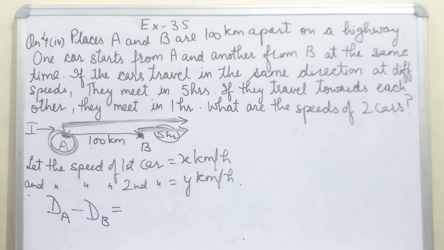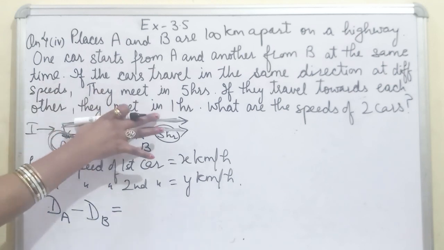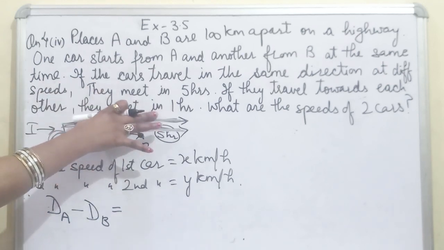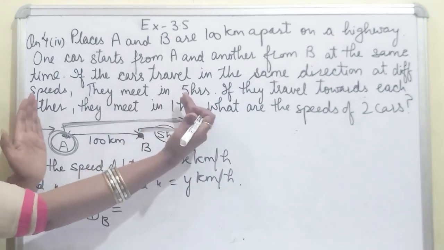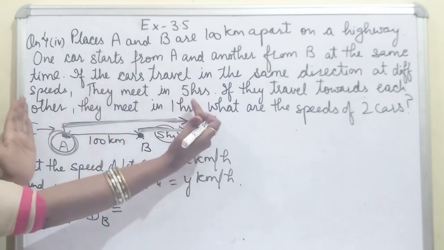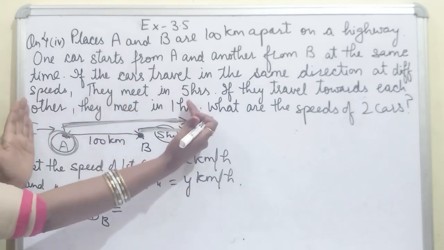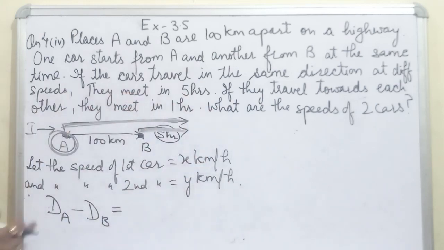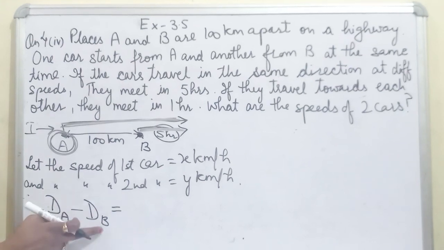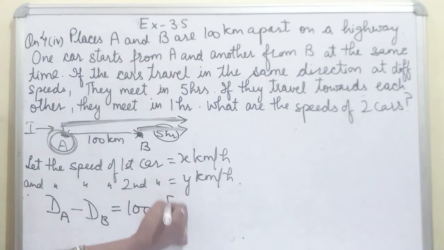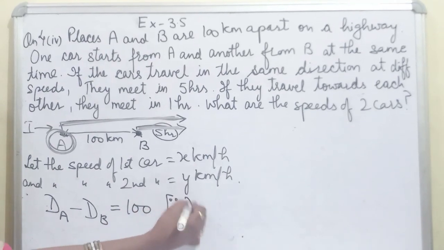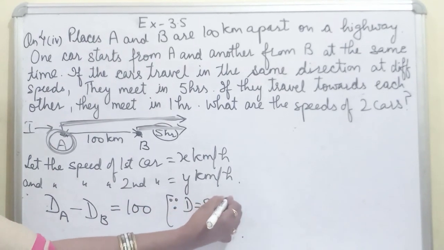Distance covered by car A minus distance covered by car B. If you subtract these 2 distances, what do you get? 100. So the distance traveled by car A minus the distance traveled by car B should be 100. And you just told me the formula: distance is speed into time.